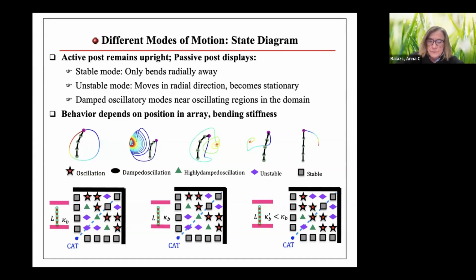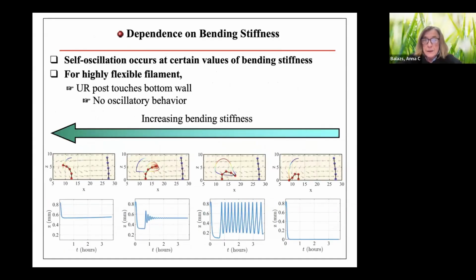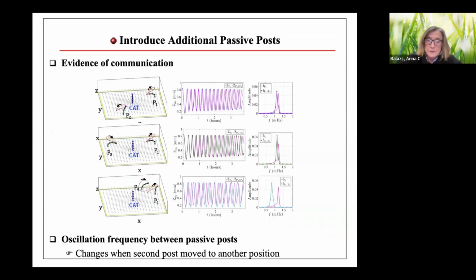So you need a certain rigidity in your cilia for the trick to work, because if it's too soft, then you'll see the poor little thing just keeps banging into the surface, and it can't undergo this beautiful oscillatory behavior. So it is also dependent on its mechanical properties. And this is really interesting to me.